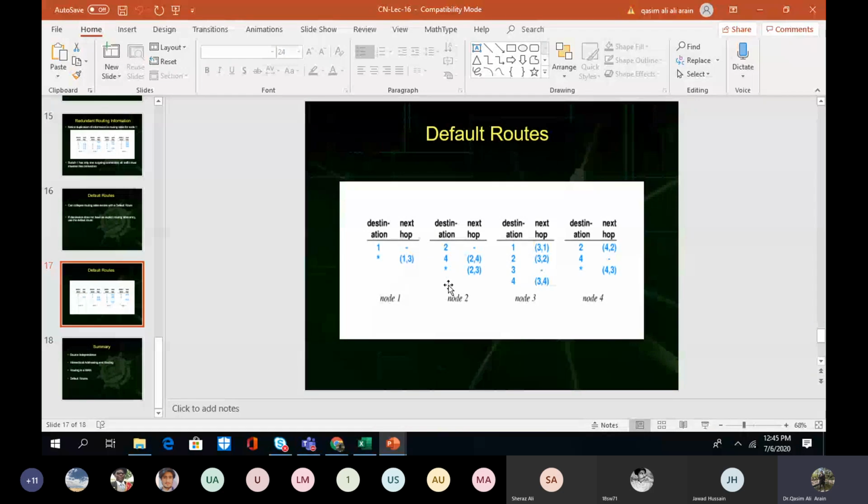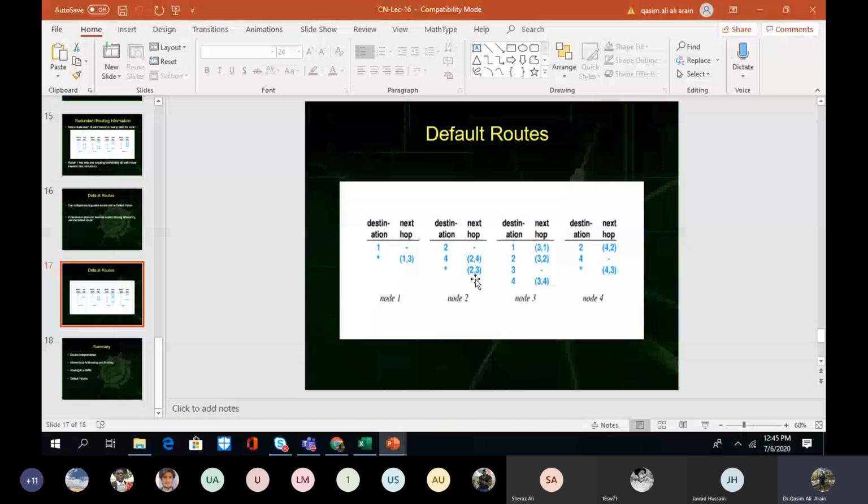In the same way, when we are talking about node number 2, in node number 2 the next hop for 2 will be nothing, the data will drop there. For 4, your path is 2,4. For 3 and 1 we have duplicate paths, I mean 2,3 and 2,3.